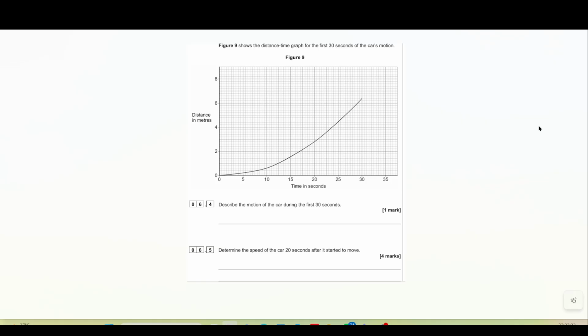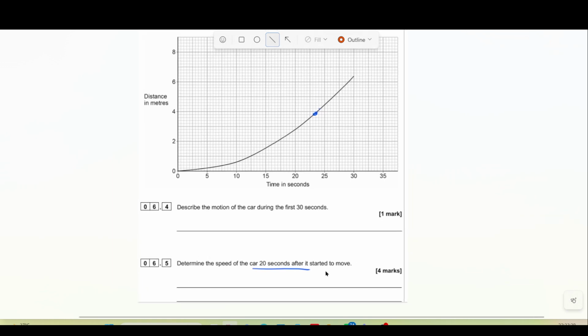So at 20 seconds, you cross over to 2.8 meters. 2.8 divided by 20 equals 0.14. But we have to determine the speed 20 seconds after it started to move.